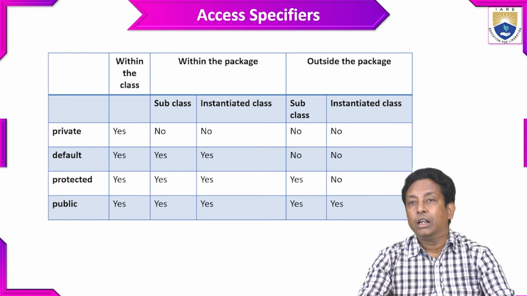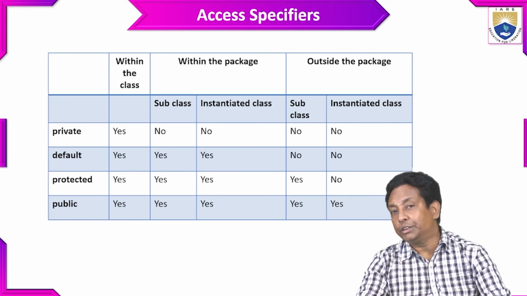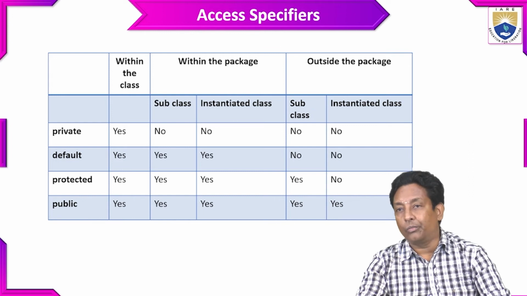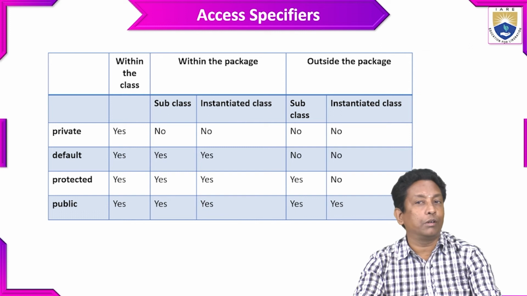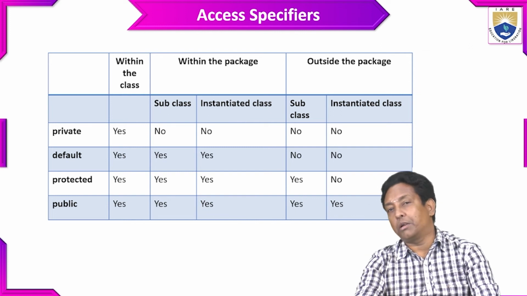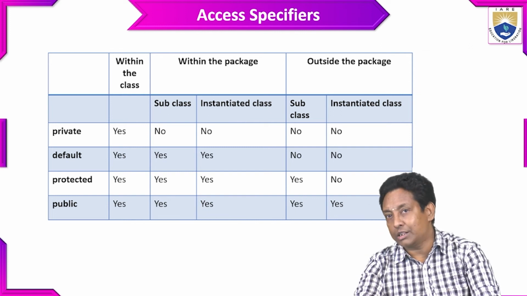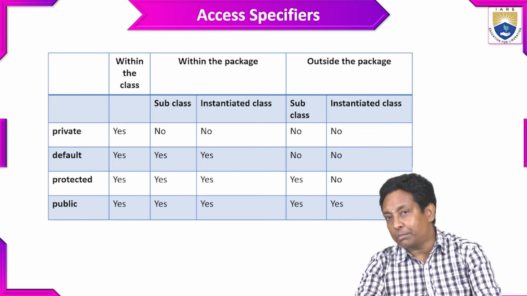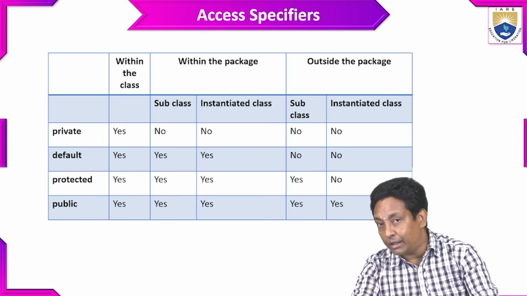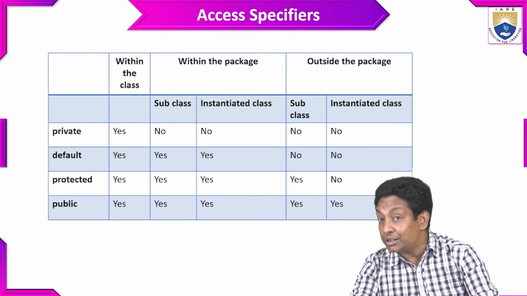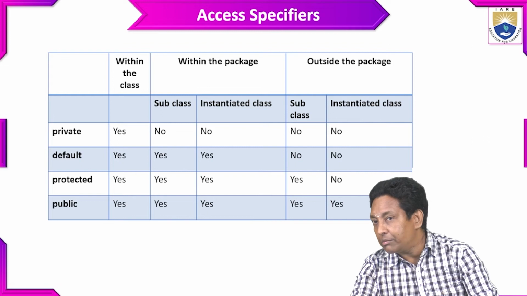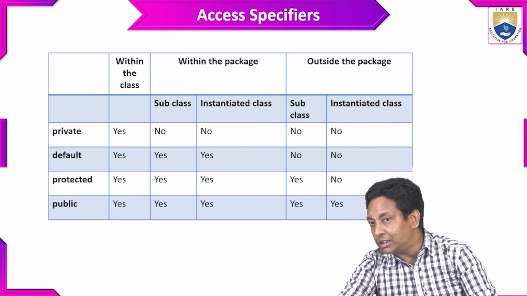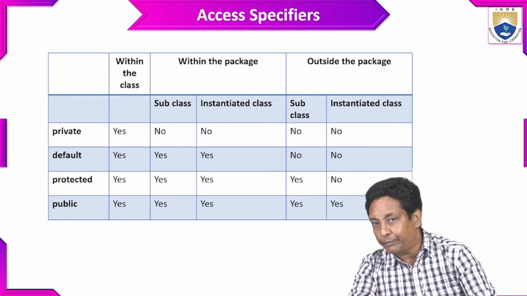Within the package, in a subclass and instantiated class, a private member, no. Outside the package, in a subclass and instantiated class, a private member can be accessible, no. A default member can be accessible within the class. Within the package, in a subclass and instantiated class, yes. And outside of the package, a default member cannot be accessible in both subclass and instantiated class.